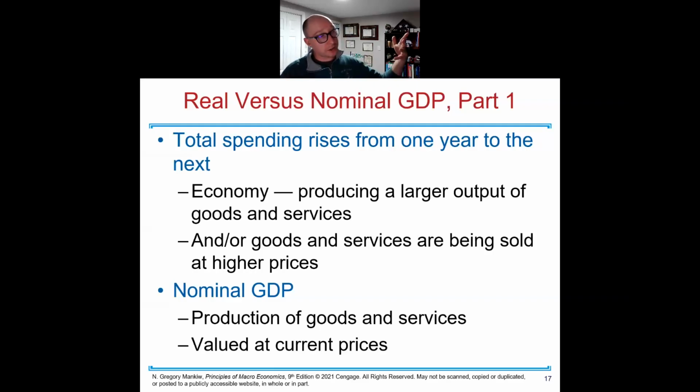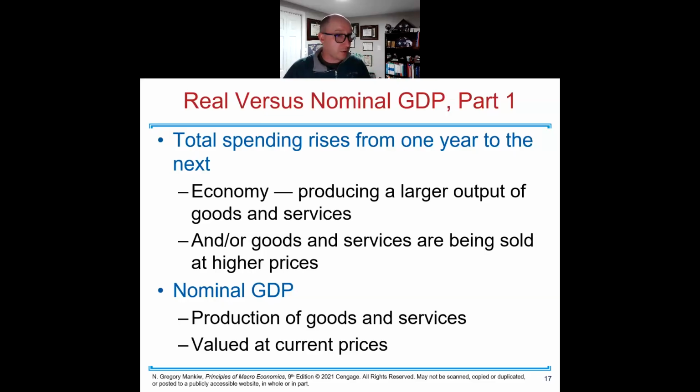I'm making more products and services, but also the price of those products and services continue to rise. You might be wondering, well, how can that be? I made more of that product. Shouldn't the cost go down, not up? Right? No, it goes up. Why? Inflation is one reason.